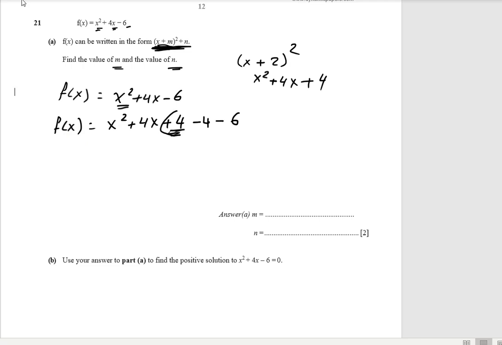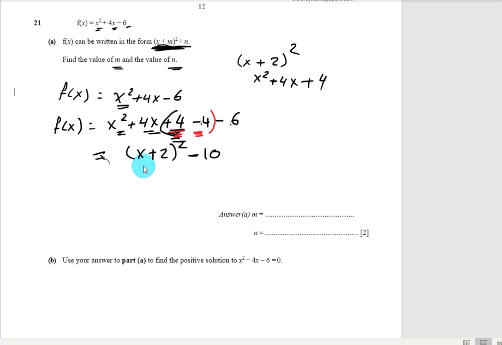I add plus 4, and at the same time I subtract 4. Now this part, which is x squared plus 4x plus 4, together will be x plus 2 squared. Now minus 4 minus 6 will be minus 10.